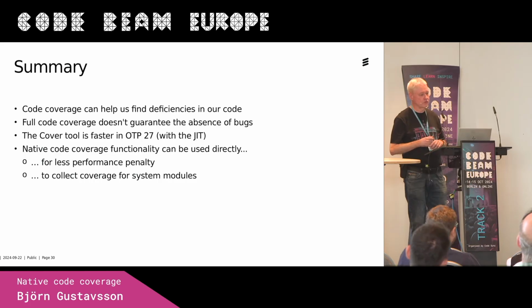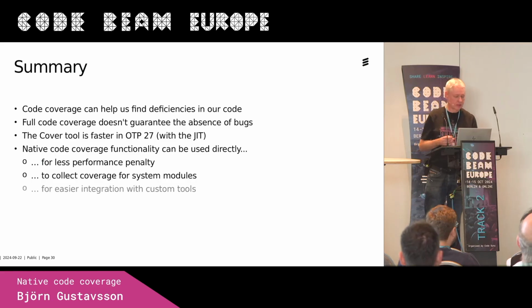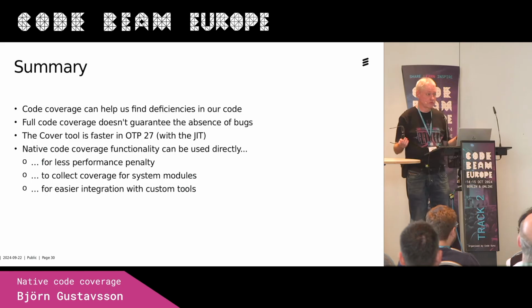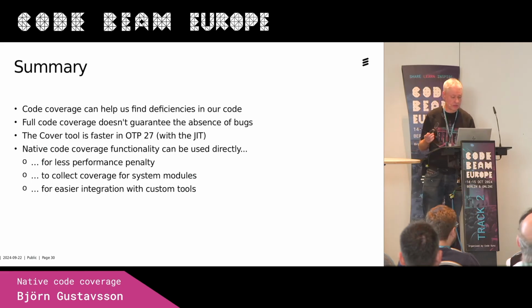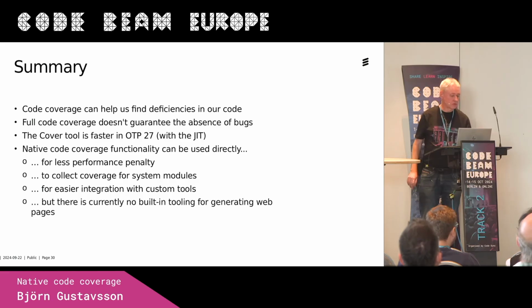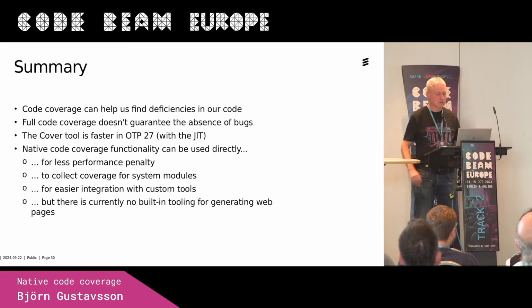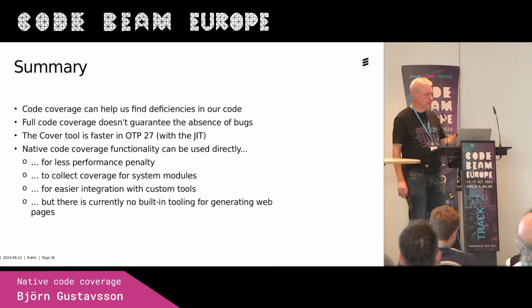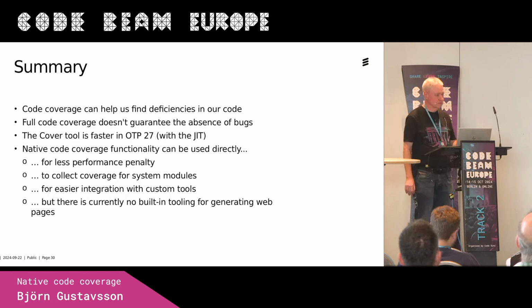It's not possible to collect coverage for that using the cover tool. And perhaps you have custom tools you want to integrate, so it can help with that, and can be easier than cover. But we don't generate any web page, we don't annotate the source code as yet anyway.